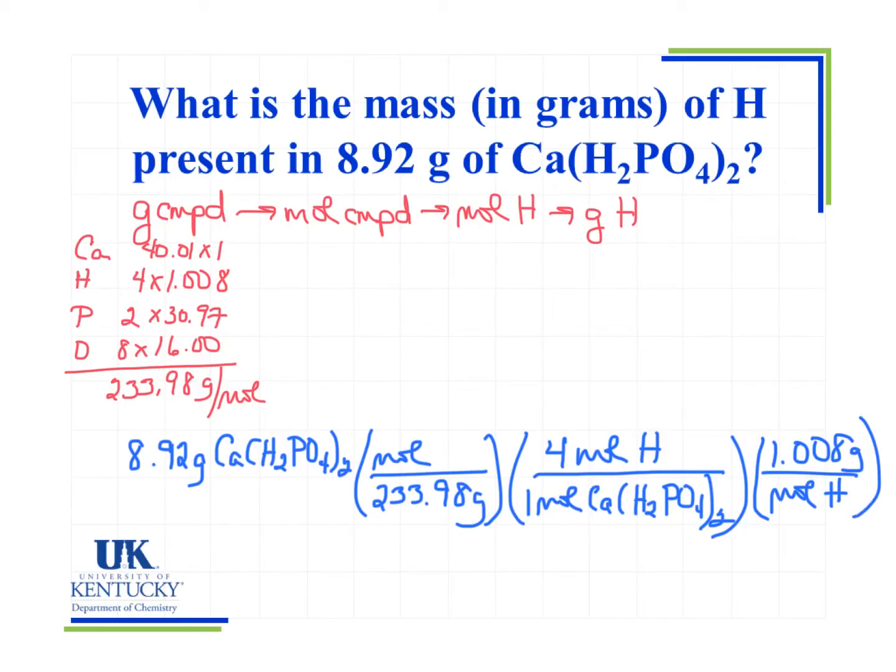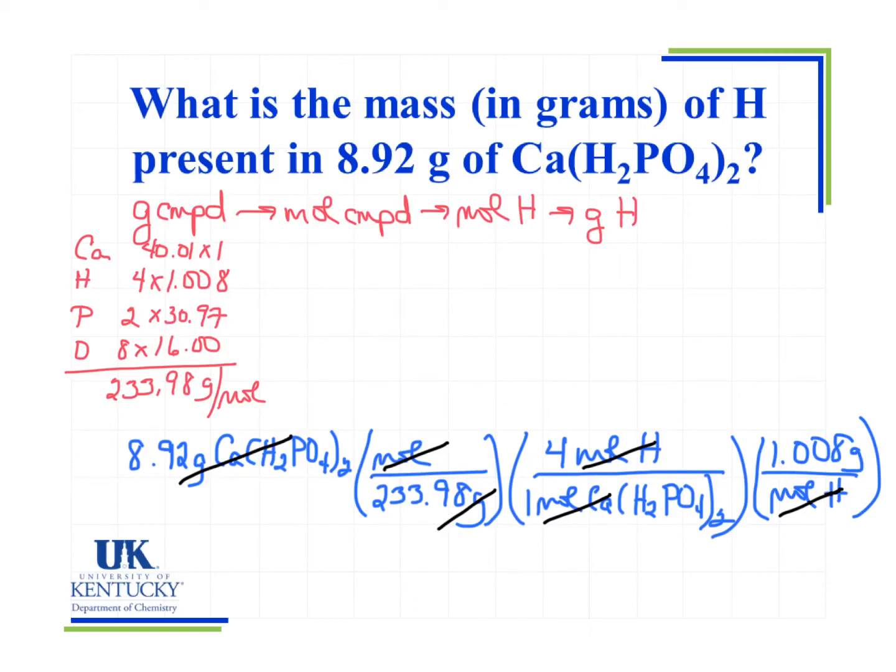I'm going to go back and check through my units to make sure everything is canceling out correctly. Grams of the compound cancel with grams, moles and moles cancel, moles of hydrogen cancel, and I've got grams of hydrogen remaining. When you're canceling out moles, make sure you cancel moles of hydrogen with moles of hydrogen, or moles of the compound with moles of the compound. They have to be like units and like substance.